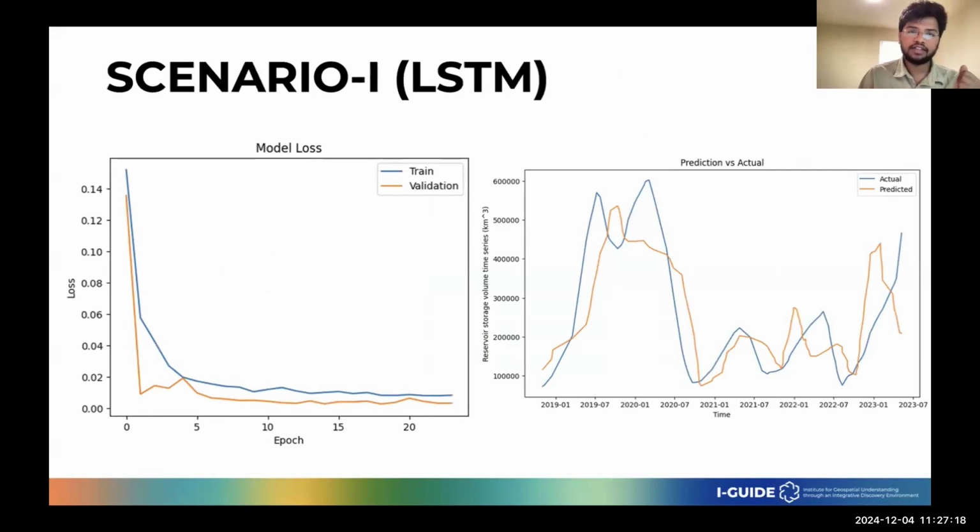And this is our results for scenario 1 from long short-term memory. On the left-hand side, we have visualized the model loss, where you can see there's a sharp overlap after 5 to 10 epochs.